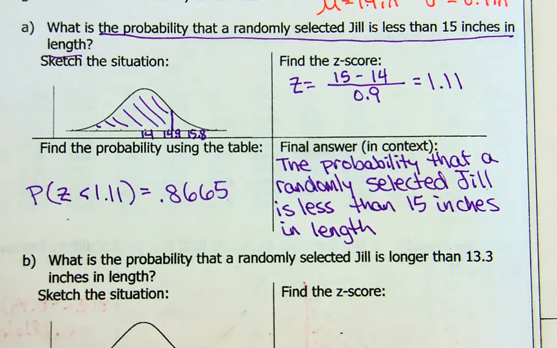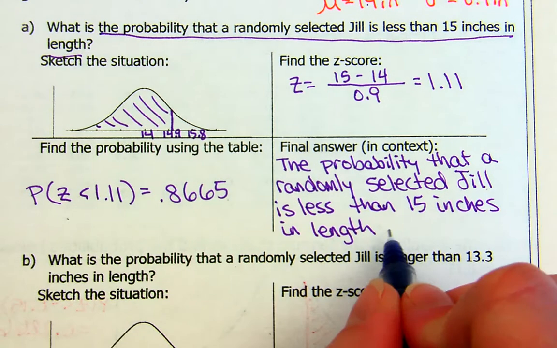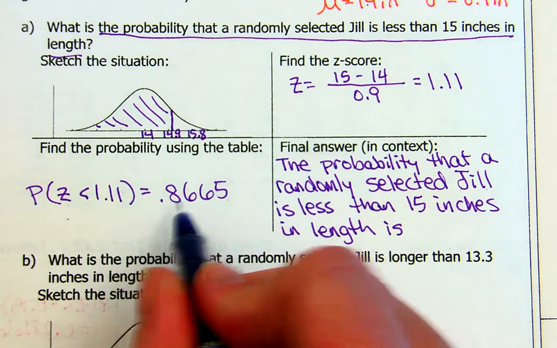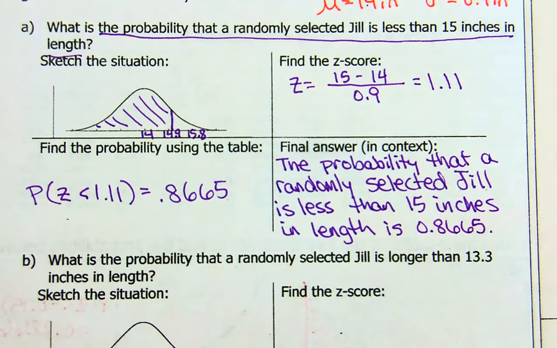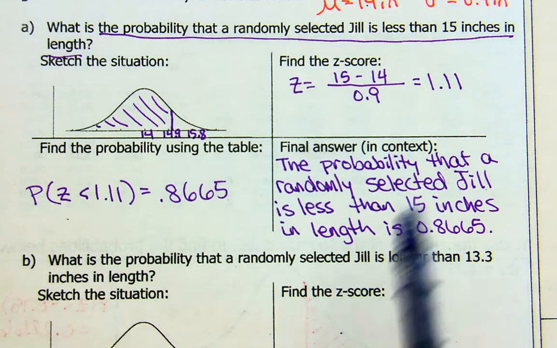So that all just came straight from the question. Okay, it's the underlined part of the question. I just write it down here. And then I just say is, and then whatever I found is my probability, 0.8665. And that's it. So if you go back and look at how the question is asked, that's the context you want to use to write your answer in context.